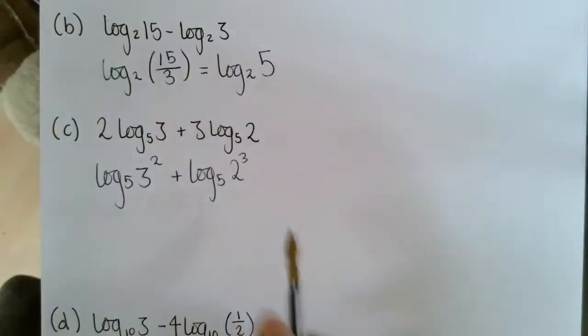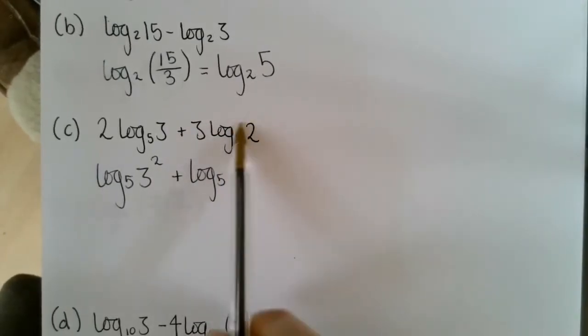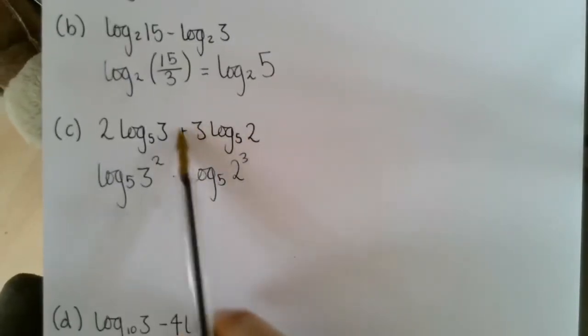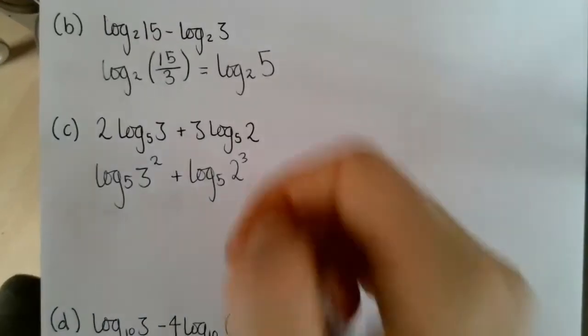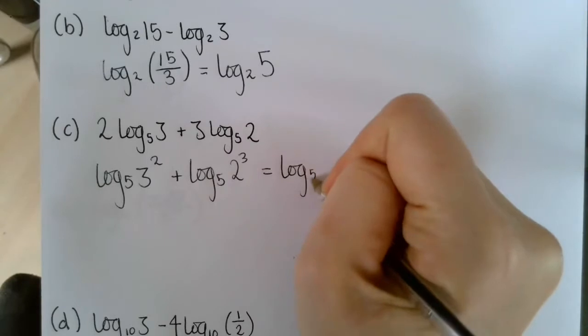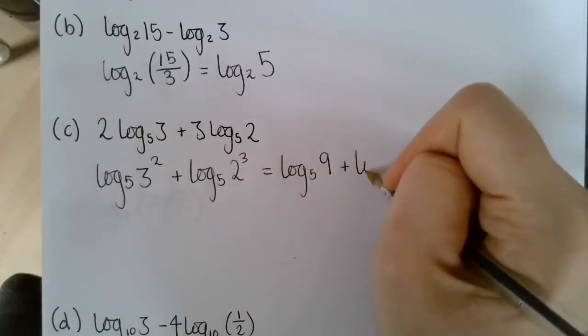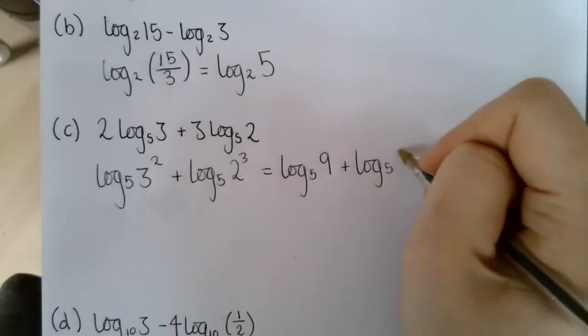So when we've got the number in front of our logarithm, we can raise the number inside by the power of that number. So once we've done that, we're going to rewrite it. So 3 squared is 9, and 2 to the power of 3 is 8.